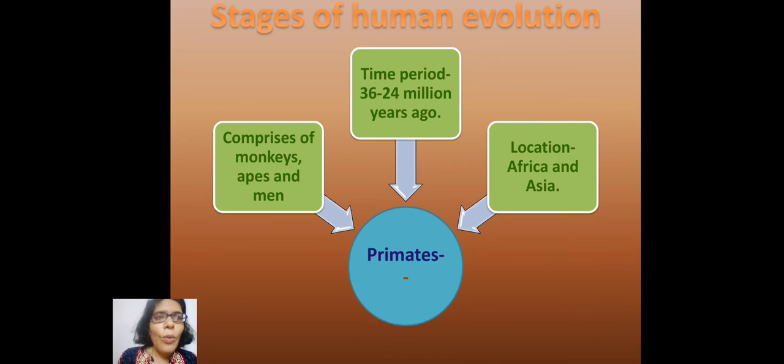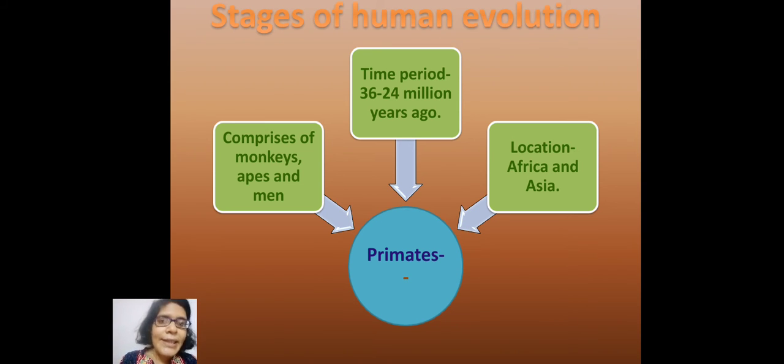Now we will deal with human beings, and so we will mainly deal with the big group called primates. If I make it easy for you, primate is a very big group of animals, and in that group monkeys are there, apes are there, and men, that is human beings, all are included. But at the early stage of primates, human beings in the modern form were not there.